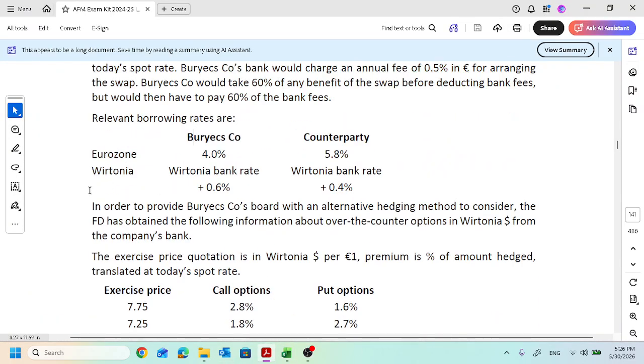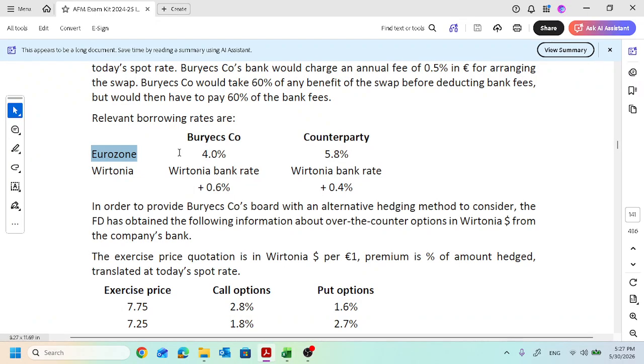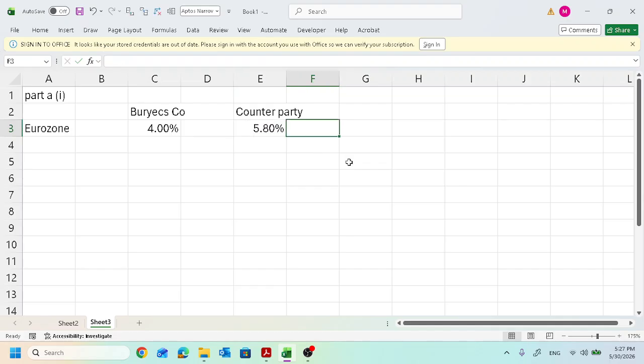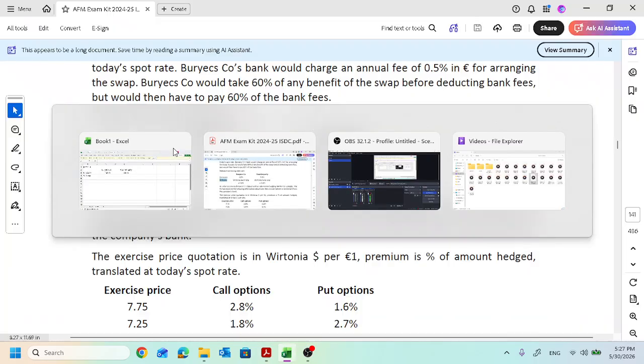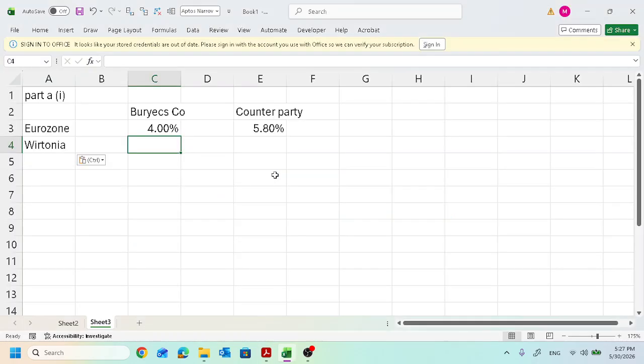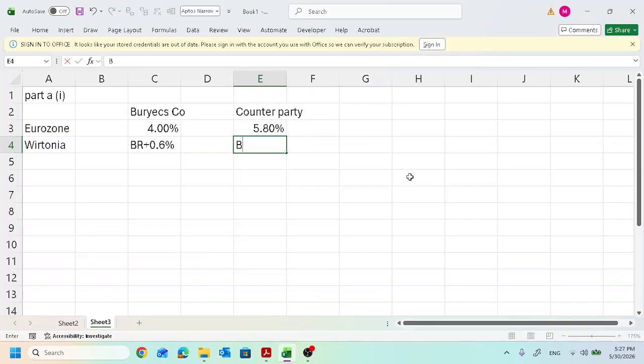Fixed rate was given Eurozone. Or you can even name it Eurozone. Fine. We'll say Eurozone borrowing. If B company borrows 4.0%, counterparty borrows 5.8%. Other one, Virtonia. Virtonia borrows at, let's say, bank rate plus 0.6, BR plus 0.6%. Other one, BR, bank rate plus 0.4%, BR plus 0.4%.